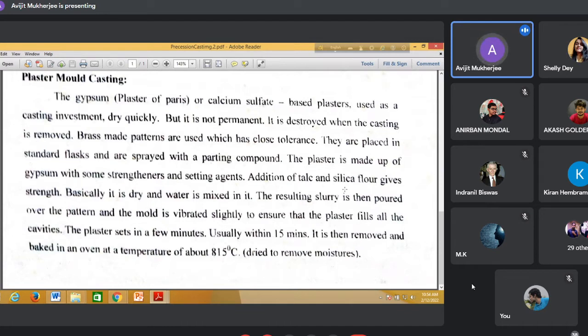The mold is prepared with gypsum-based plaster of Paris using water and other ingredients if required. Then it is baked in an oven and dried. So this is the concept of dry casting. Dry all this in an oven to remove all the moisture.